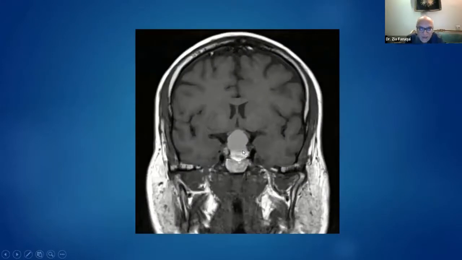Actually, pituitary adenomas are soft tumors as compared to meningiomas, which are hard tumors. So usually they tend to become indented by the diaphragma sellae, which you can see laterally here. So this is the diaphragma sellae. This is the sella turcica. And you can see they form what is called a snowman sign, which is the central constriction caused by the diaphragma sellae.